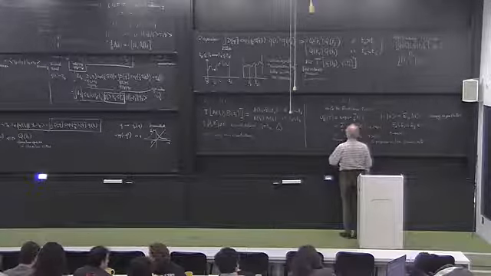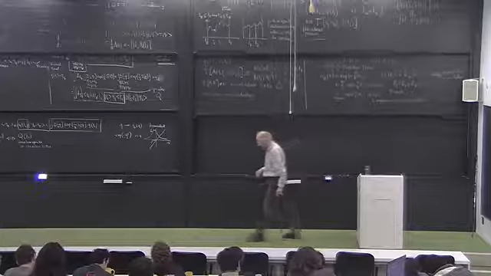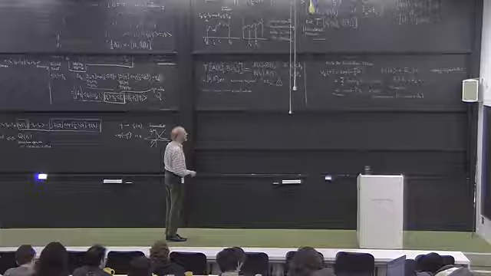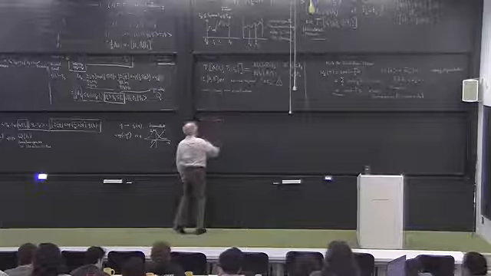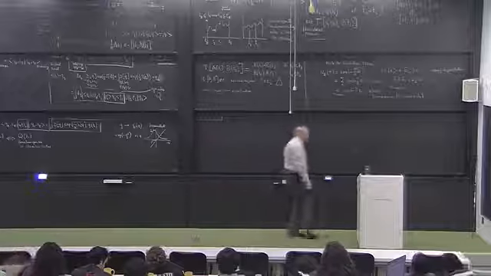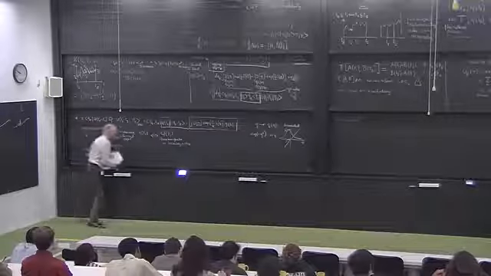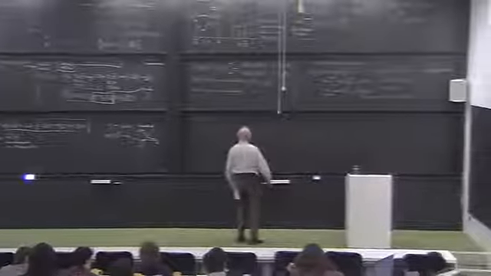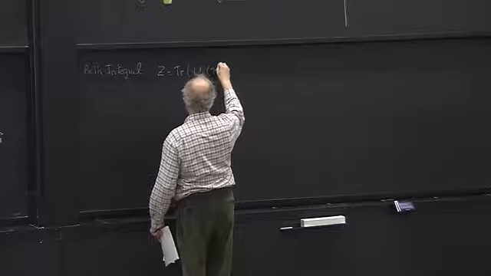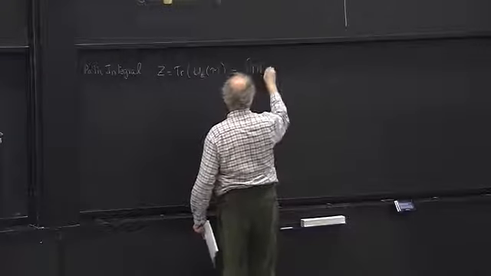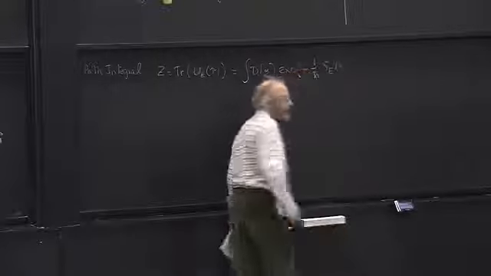Now, what does this correspond to in terms of a path integral? Remember that in the path integral, computing, for instance, the partition function, Z equals the trace of the exponential of U of tau, is just given by a path integral with a real factor given by the exponential of minus the Euclidean action.